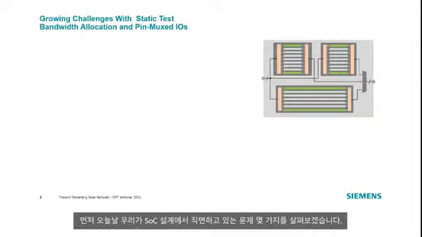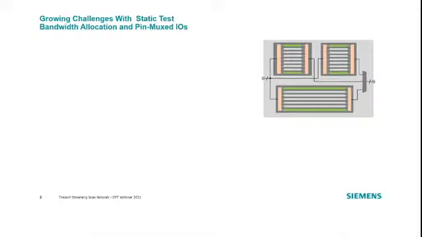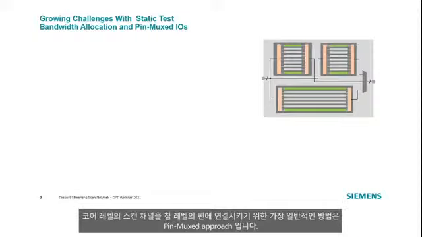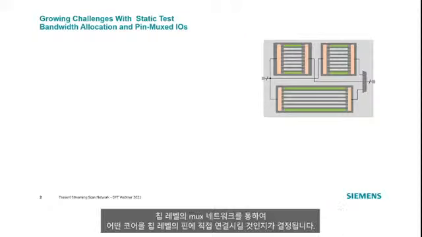First, let's review some of the challenges we see in SoC designs today. The most common way of connecting core level scan channels to chip level pins is through what we call a pin-muxed approach, where a MUX network decides which cores are directly connected to the chip level pins.